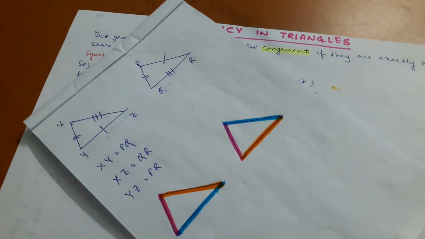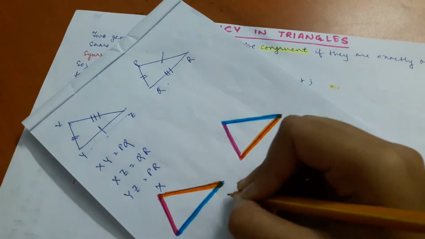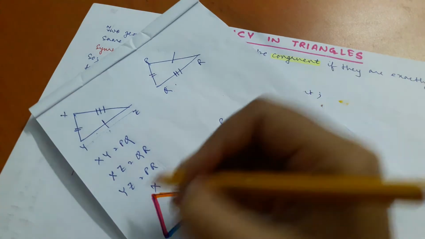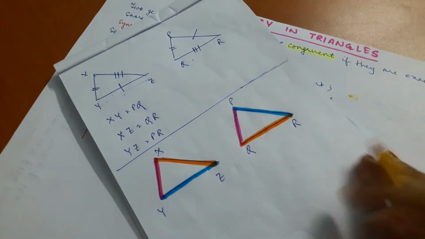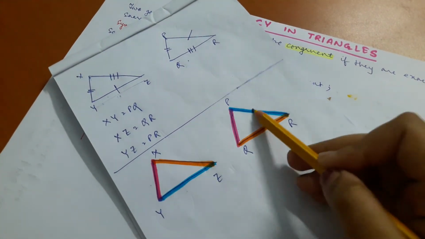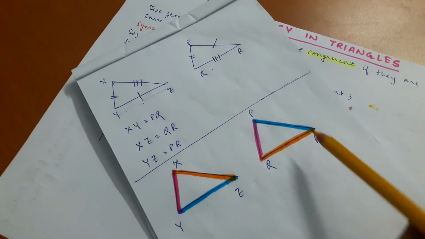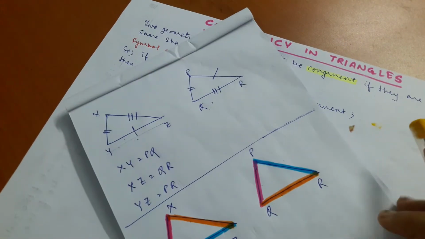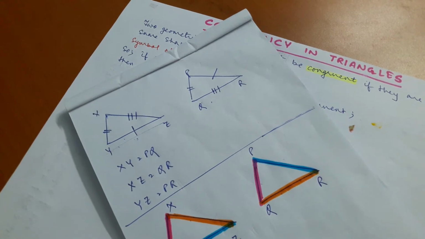I am naming this X, Y, Z, P, Q, R. Now what can we say about the congruency of these two triangles? These two pink lines are equal, these two blue lines are equal, these two orange lines are also equal. Now what can we say about the congruency of these two triangles, XYZ and PQR? Have you thought about it? I hope you have. Just give it a thought.